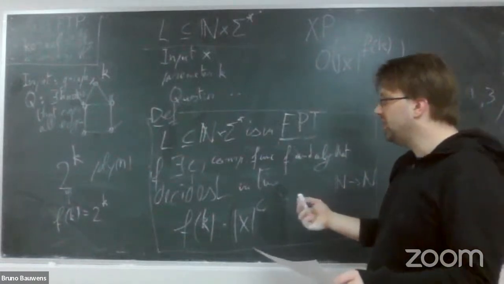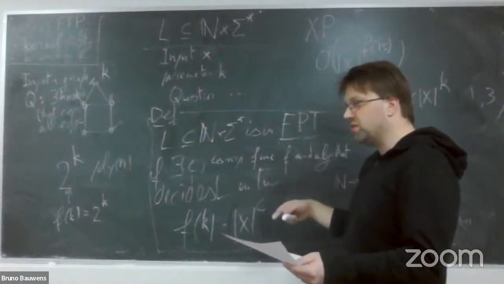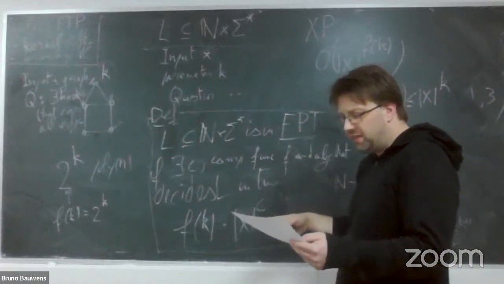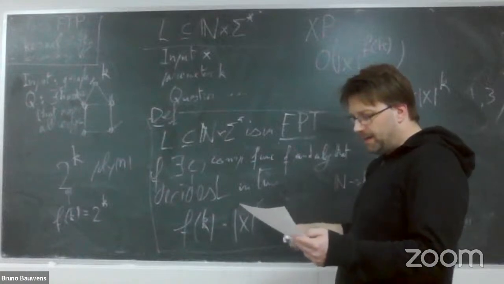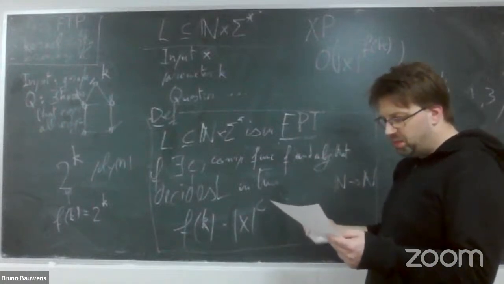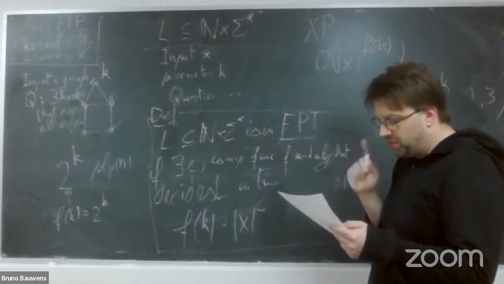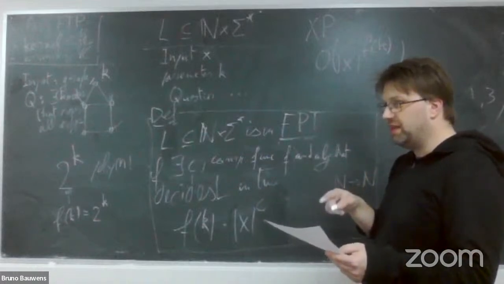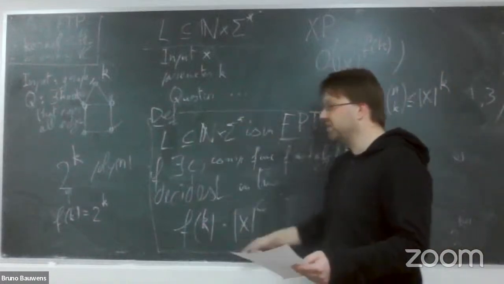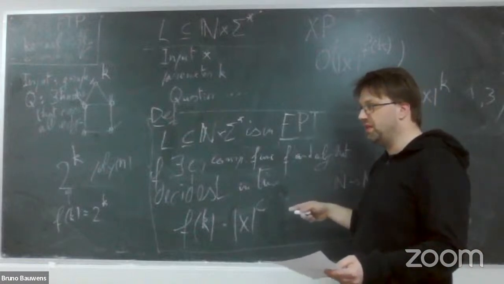If the parameter is the target value, then it's also FPT. And then the independent set problem, where we have both the max degree and the size of the independent set. So there are 4 examples of problems that are FPT.